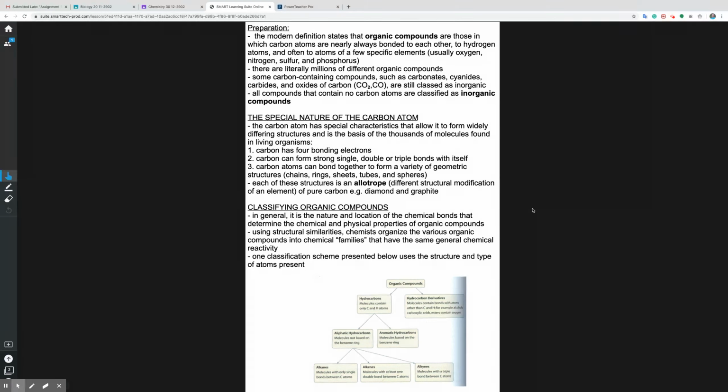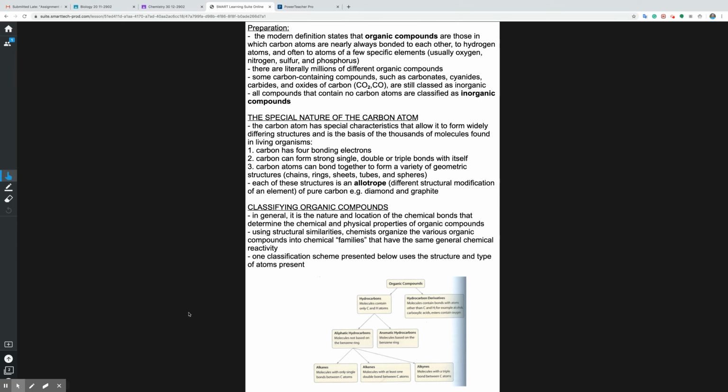Okay, classifying organic compounds. In general, it is the nature and location of the chemical bonds that determine the chemical and physical properties of those organic compounds. By using structural similarities, chemists have organized various organic compounds into what we call families, and those families have generally the same chemical reactivity.